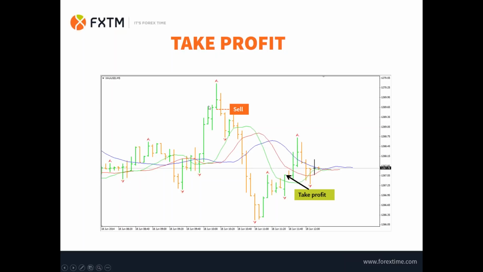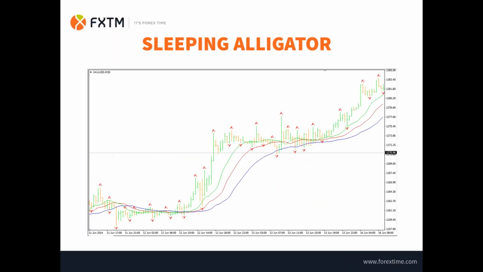Also, you can take profit when you touch here the lips. It's up to you guys. But when you have a nice trend, then you use the lips, right? It depends whether it's going to be a correction that you never know in advance what's going to be, or a reversal. Okay. Sleeping alligator, strength of both trend following system and mean reversion system.